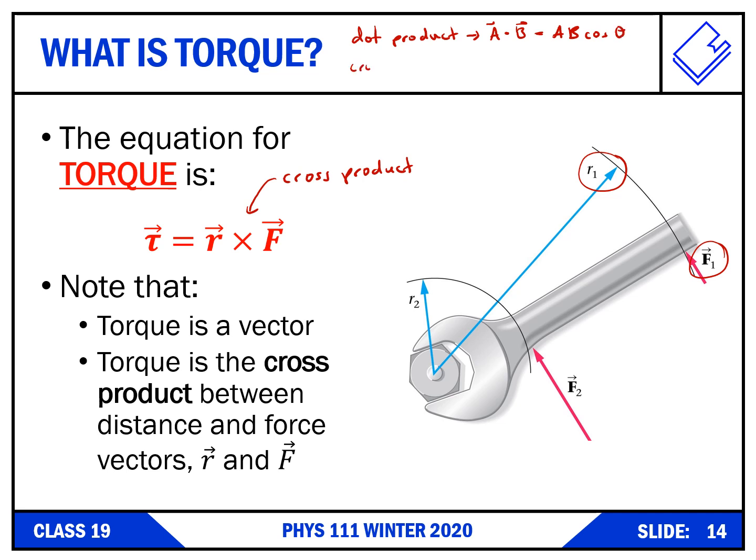A cross product is represented by A crossed with B, and it's equal to AB sine theta, where theta is the angle between the two vectors. So it's really important to remember that torque is the cross product between the distance vector as well as the force vector.